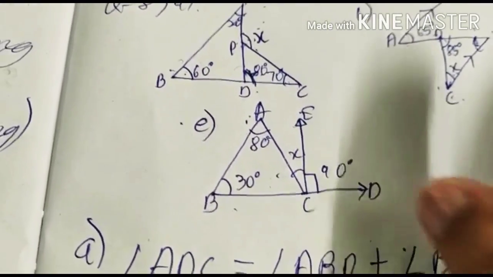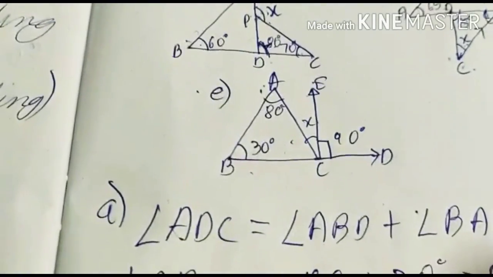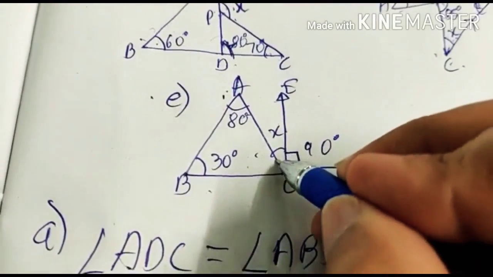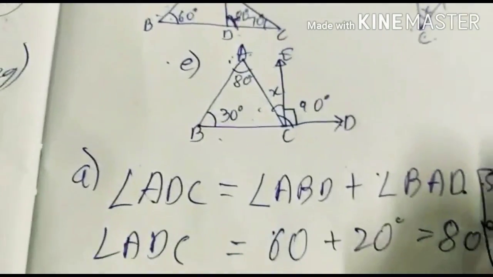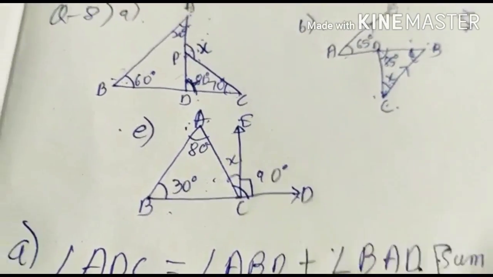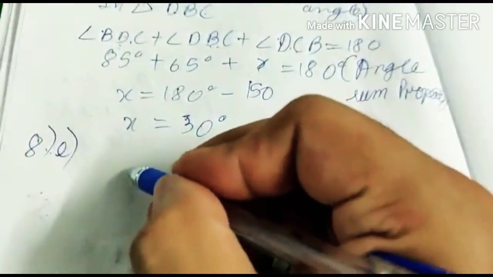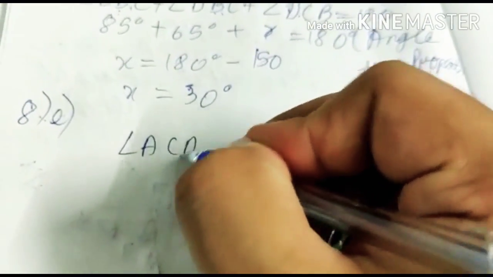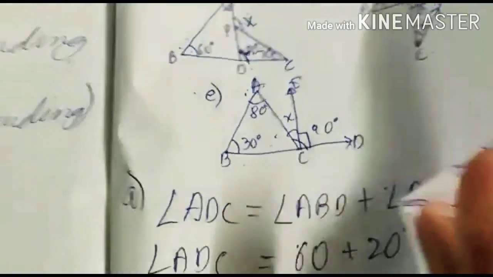If we see in triangle ABC, this whole angle ACD is the exterior angle. Angle ACD equals ACE plus ECD.